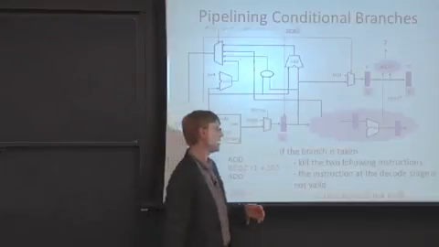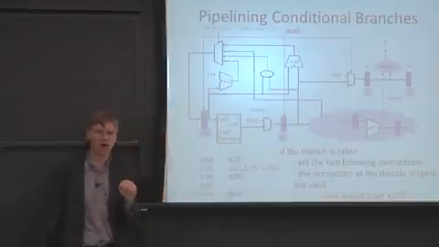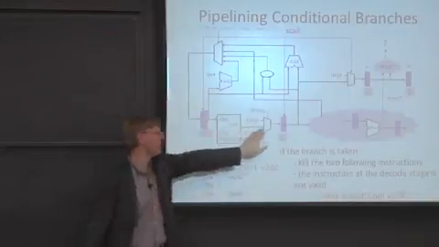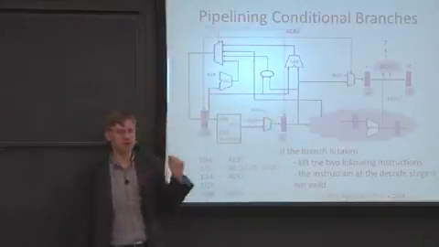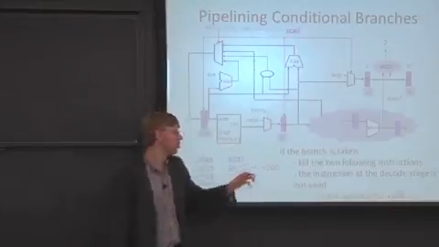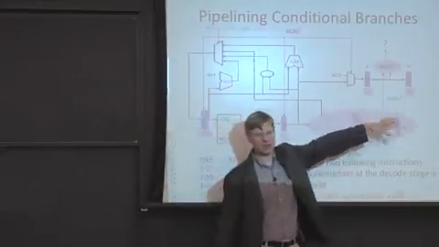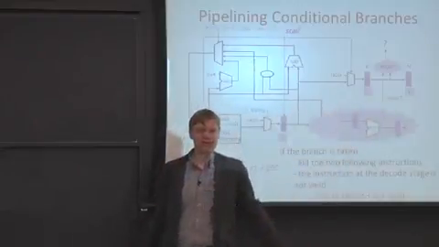Well, let's say we're stalling the front of the pipe and stall were to take priority. That would stop this register from moving and stop this register from moving as these red lines come in. So if the stall were to take priority, you could have an instruction here, which is, let's say, dependent on some stall condition or dependent on some data hazard or dependent on some random hazard.